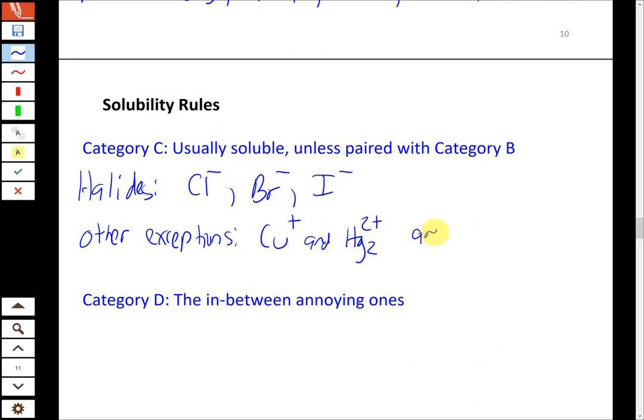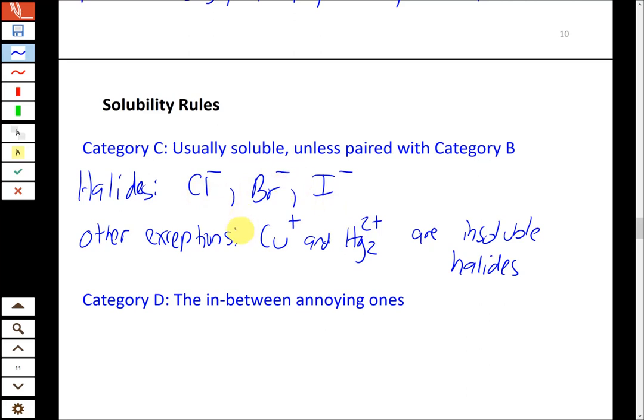Don't want to promise that you won't. These are also insoluble halides. Okay, so copper 1 with chloride, bromide, iodide, or the diatomic mercury 1 cation with chloride, bromide, iodide, those would be insoluble as well.